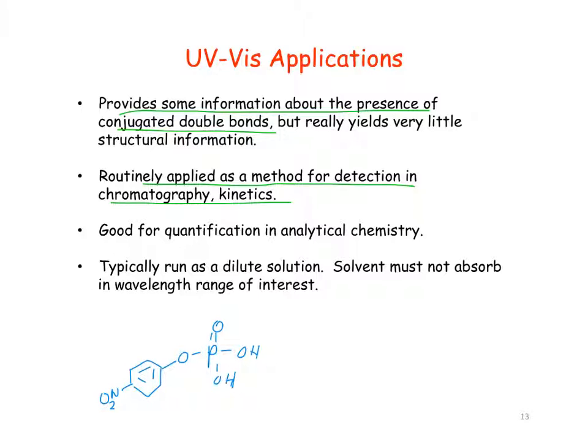Okay, so they'll do something like this, and then their enzyme, so their phosphatase, will cleave that off and give them this, plus it's transferred to whatever, the phosphate over here.